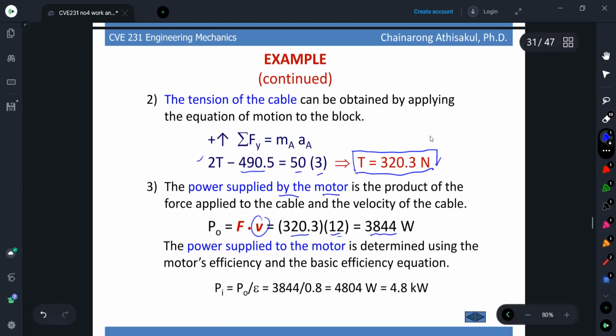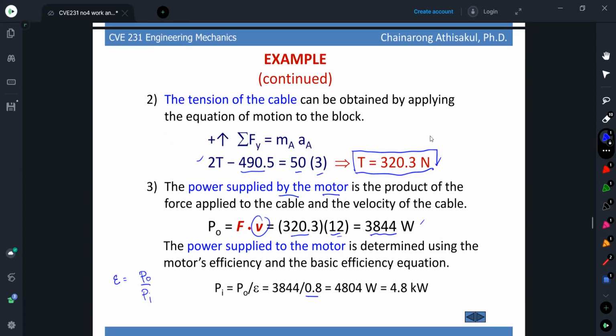But because we know that the motor has an efficiency of 0.8, the input power, the supply power to the motor, should be greater than 3,844. So what is this? From the equation, we know that the efficiency is the power output divided by the power input.